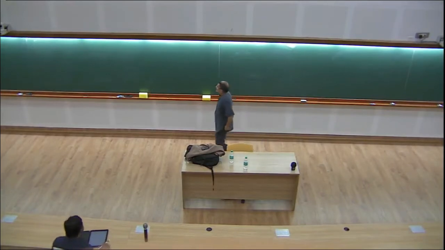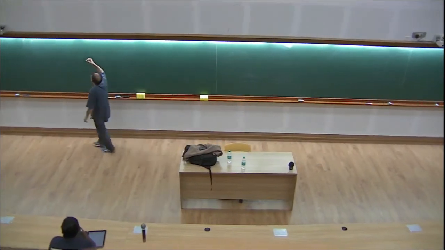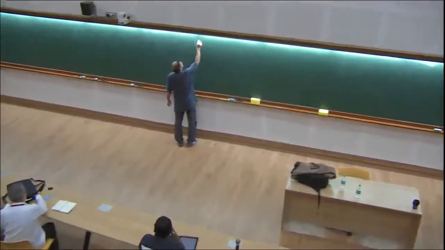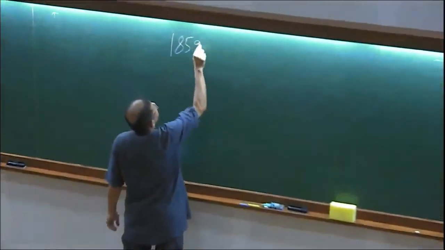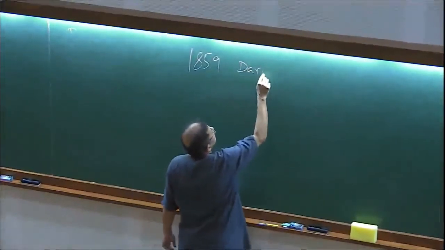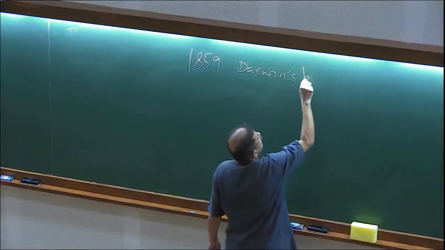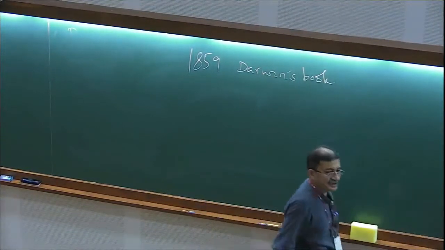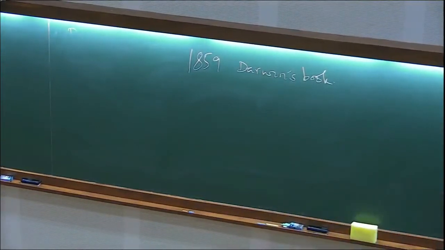Okay. So if we take as our starting point 1859, the publication of Darwin's book on the origin of species, and of course this book, some of you might know this, was published in a bit of a hurry because Darwin had been working on this for a very long time.